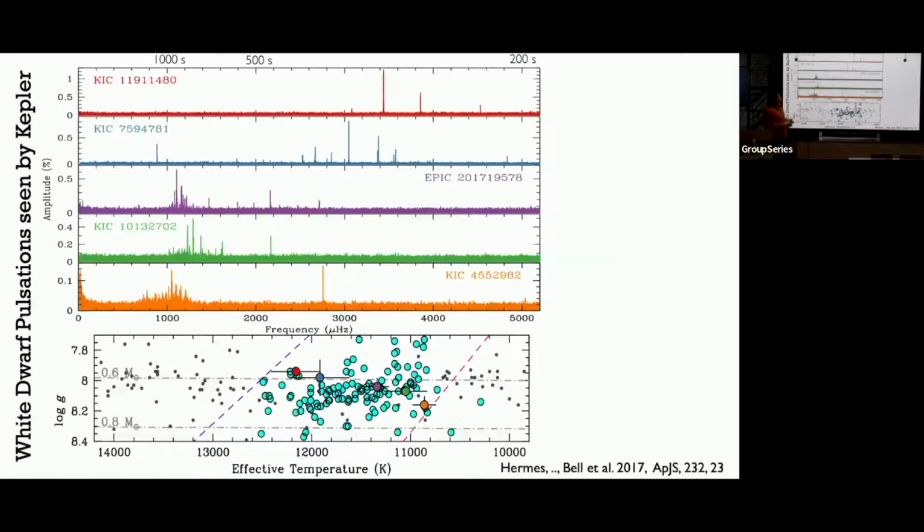Here's a comparison of some of the Fourier transforms for different stars as a function of effective temperature as white dwarfs cool through the instability strip for hydrogen atmosphere pulsations. And you see that the hottest stars have high frequency pulsations that are very sharp and coherent, while the cooler stars have more low frequency pulsations, which are quite incoherent.